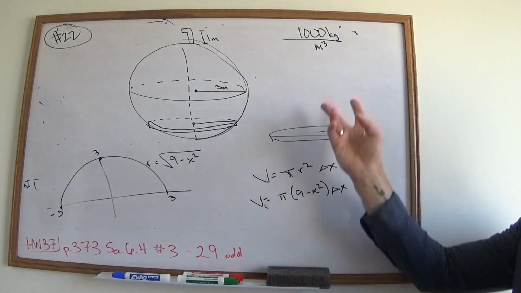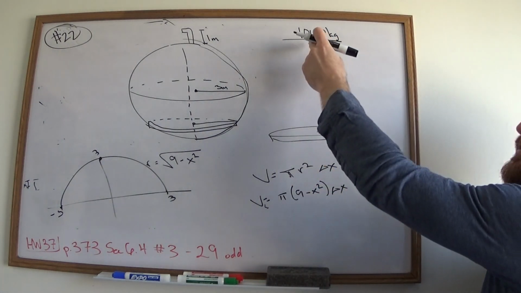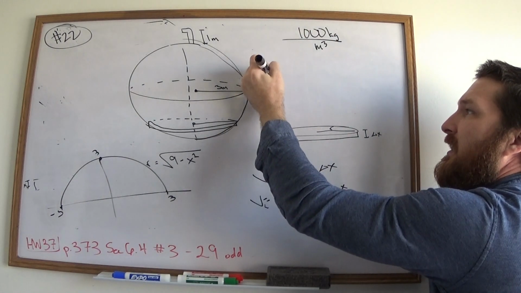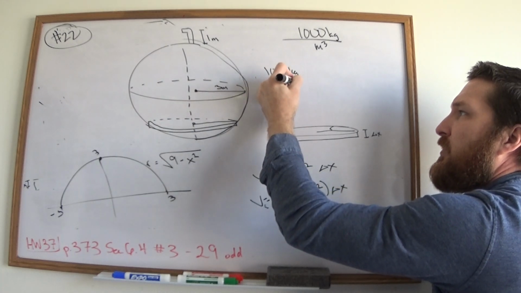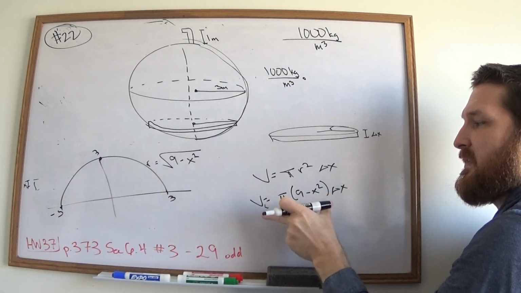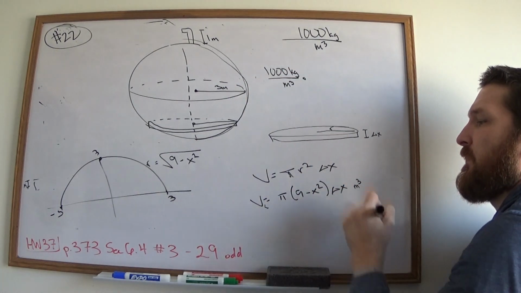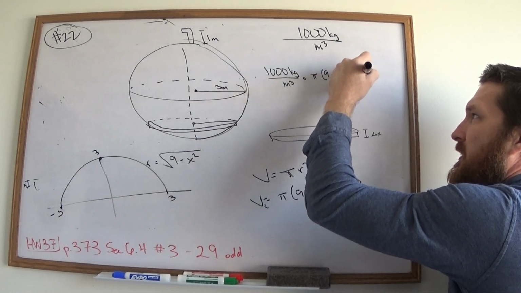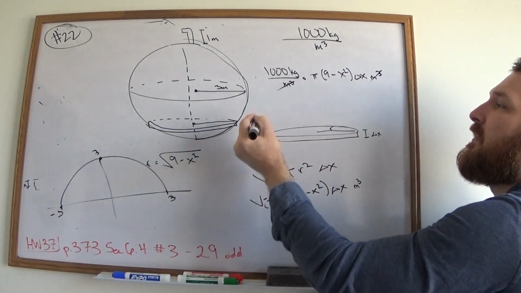That volume, we need a force. And I'm glad I did this, because that's not a force, right? We have to say 1,000 kilograms per meter cubed times V_i, which is meters cubed. So pi 9 minus x squared delta x meters cubed. But now we just have kilograms.